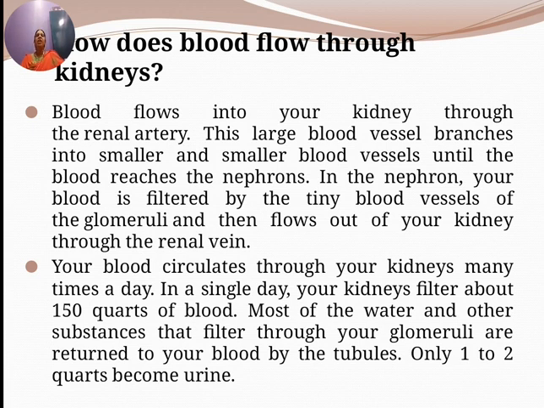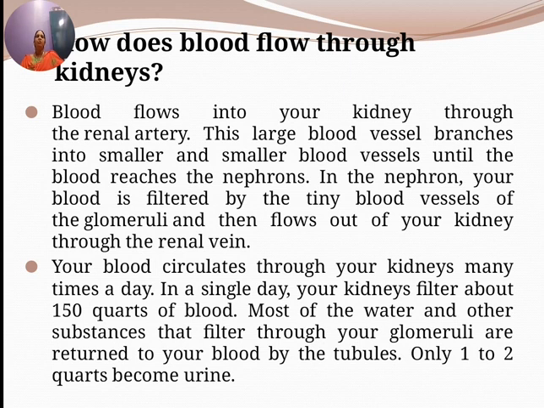Your blood circulates through your kidneys many times a day. In a single day, your kidneys filter about 150 quarts of blood. Most of the water and other substances that filter through your glomeruli are returned to your blood by the tubules.